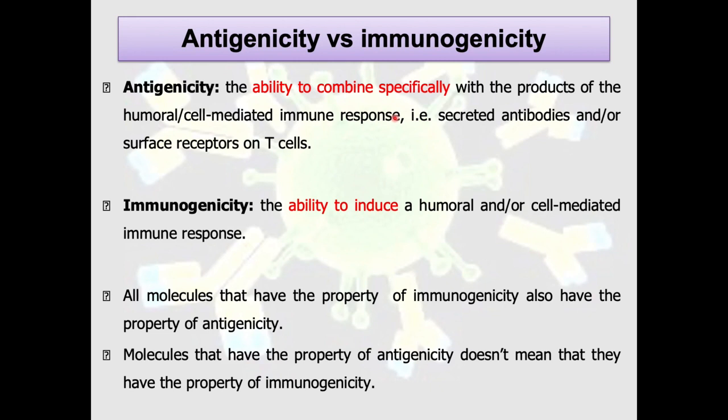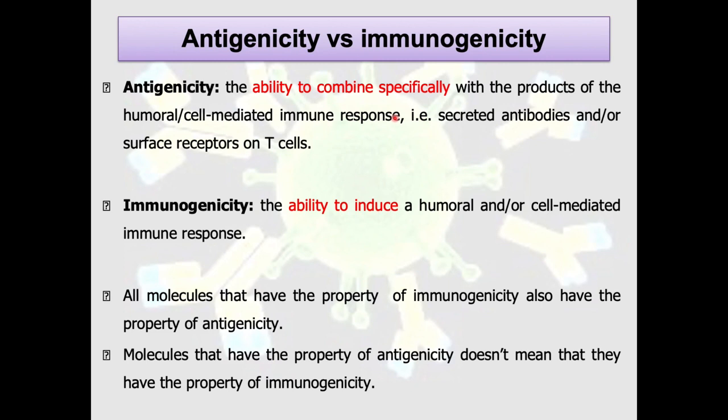So basically, antigenicity is the ability to ensure that these immune response products can bind to the antigen, basically driven by the epitopes. If both the epitopes and the products of the immune response can combine, we can call it antigenicity.